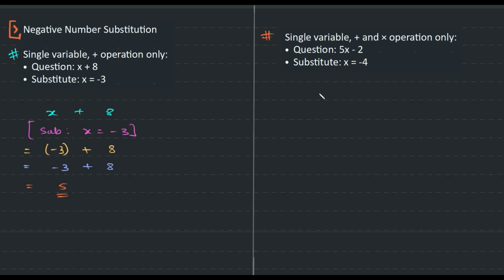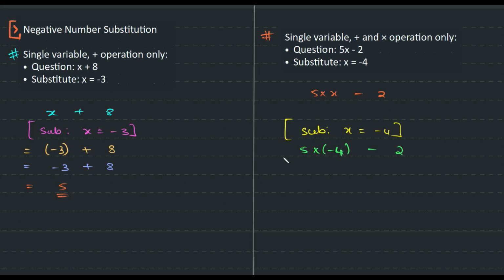So we have 5x minus 2, or I can rewrite clearly as 5 into x minus 2. And then let's substitute x as -4. So 5 times of what? What I'm asking you guys to do is use brackets. Whenever substituting negative terms, use brackets -2.